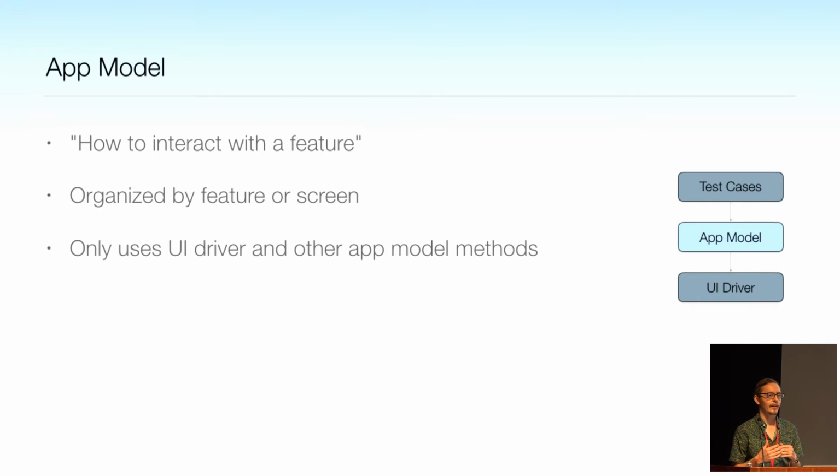So what this means in practice is, imagine you're trying to model a login. As part of a login, you have a function that will take in a username and password and log you into your app. That can use other steps. It will say, fill in a username with this value, fill in the password with this value, and submit the login form. So those three actions are also app model steps.